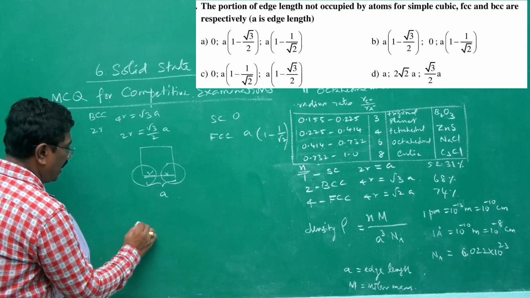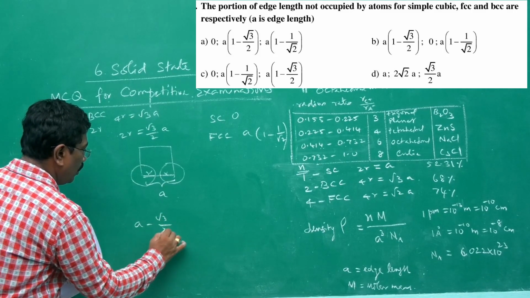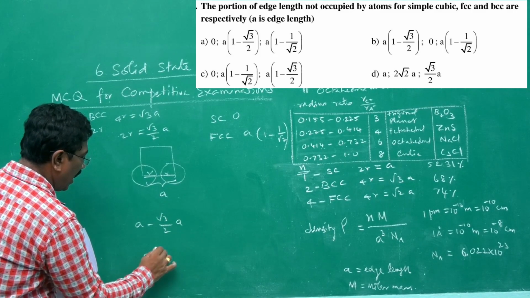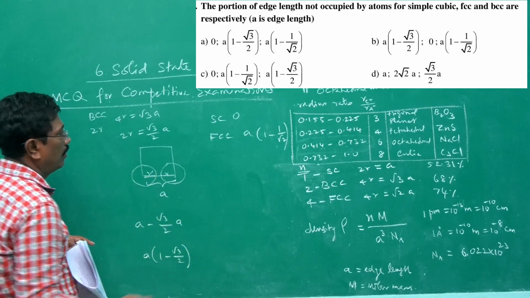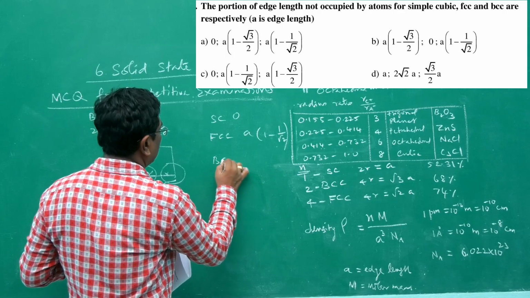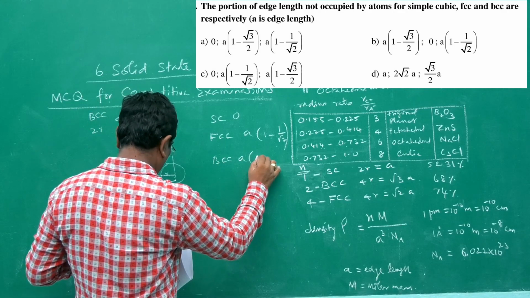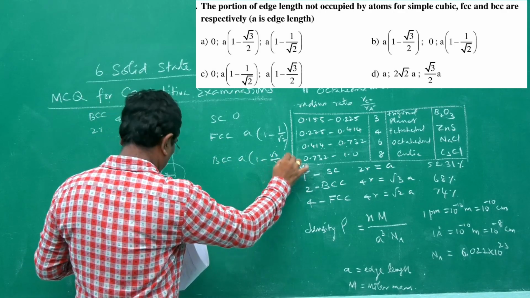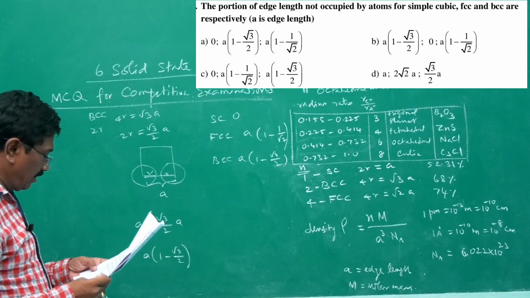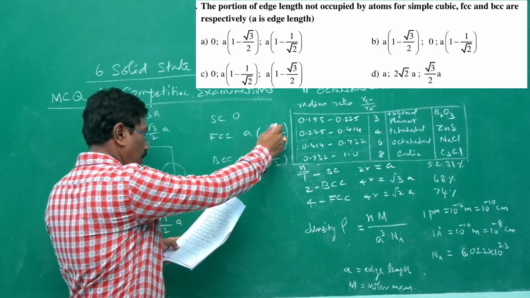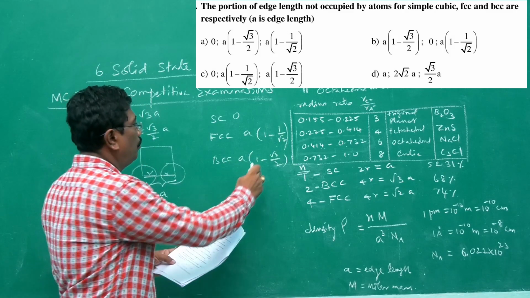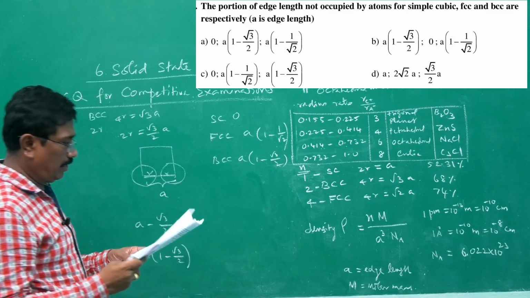If I take a out, 1 minus root 3 by 2. So for BCC, it is a into 1 minus root 3 by 2. So the answer is C option, 0, a into 1 minus 1 by root 2, a into 1 minus root 3 by 2.